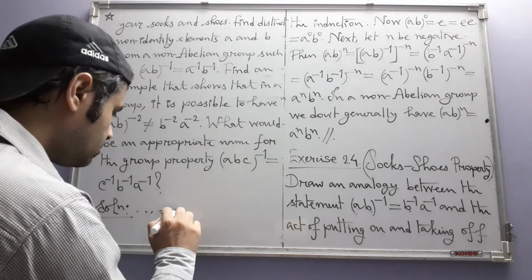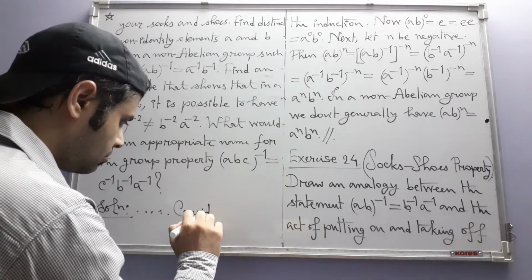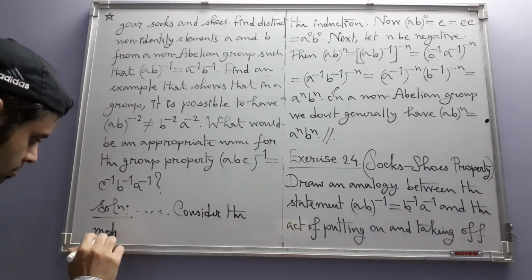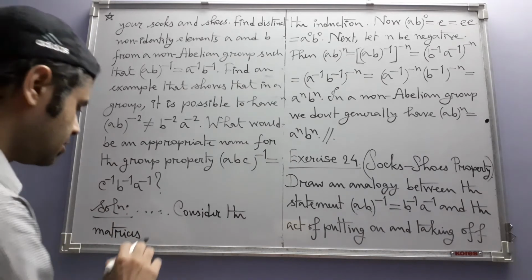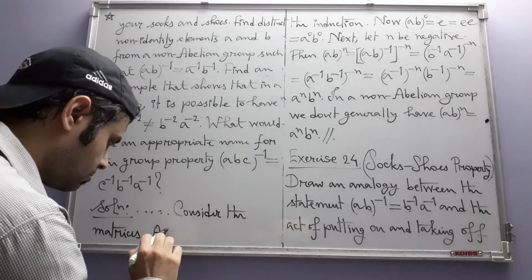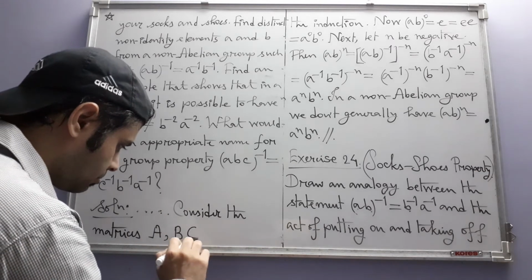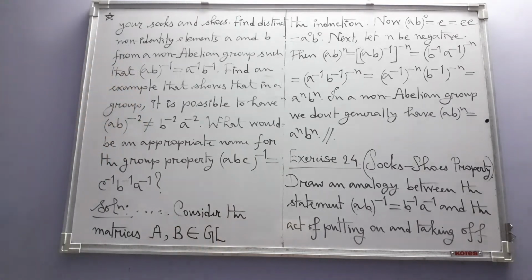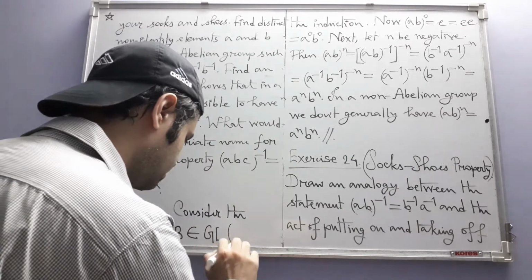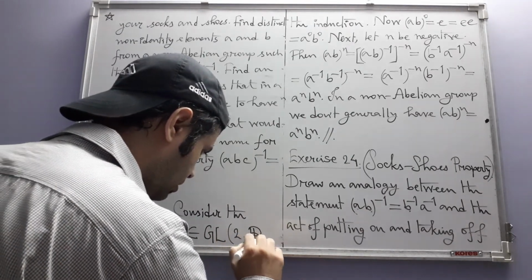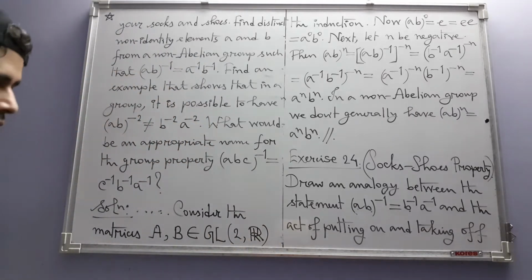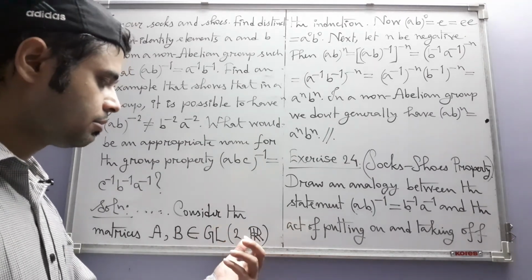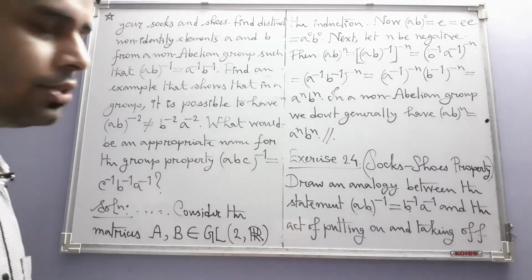And after this consider the matrices A and B belonging to the general linear group of 2 by 2, that is the multiplicative group of 2 by 2 matrices with real entries where the determinant is non-zero for each one of them.